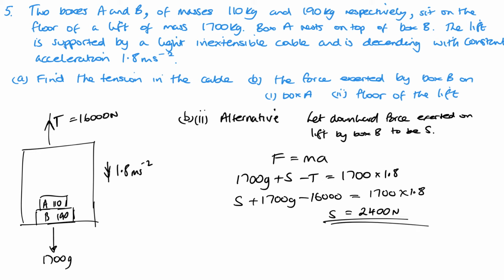So it doesn't make a difference in which way you do it. You just need to think of which way is easier for you. With one object, because they have an equal and opposite reaction, it doesn't matter which way round you think of it. Think of either the box acting on the lift or the lift acting on the box. It's totally up to you.